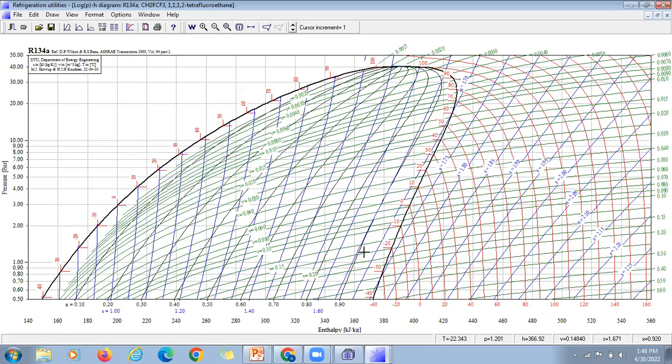This chart, if you can understand this, would be very good. Even you can analyze some pH diagrams as well. Later we will learn about this.